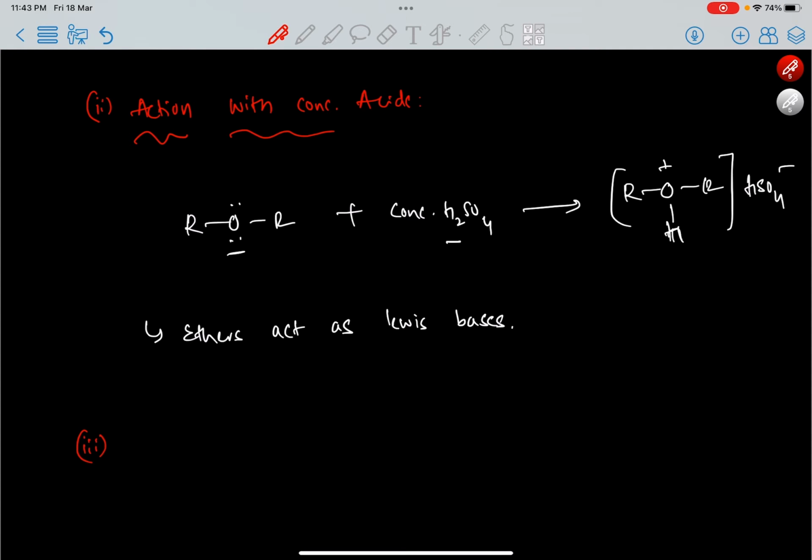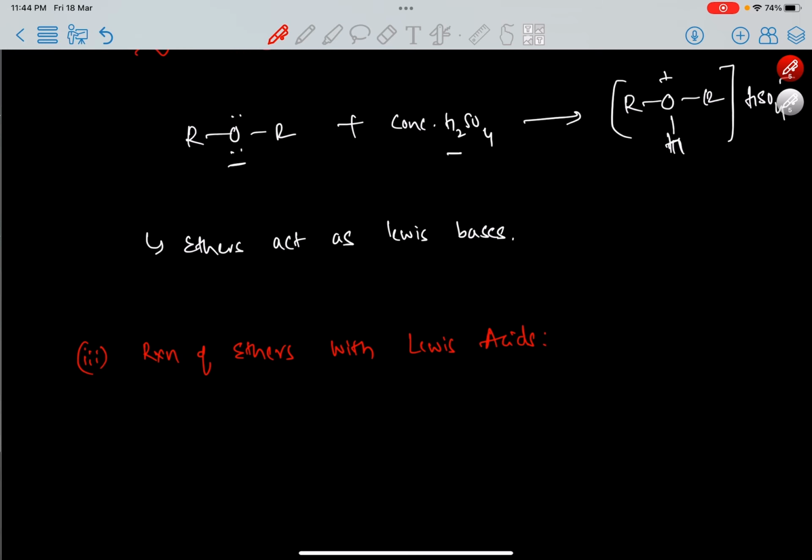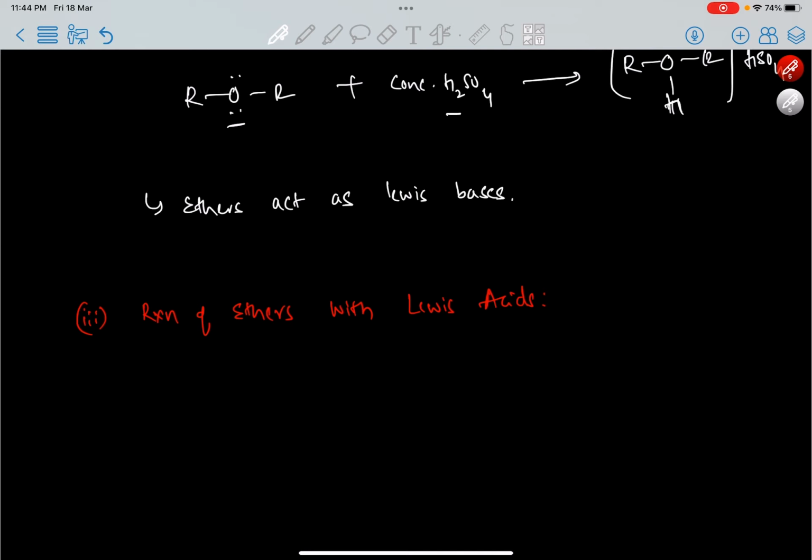Now let us talk about the third reaction, that is reaction of ethers with Lewis acids. Just now I said ethers act as Lewis base, so they can react with Lewis acids. What are Lewis acids? Lewis acids are those which are electron receiving, which can receive an electron pair, isn't it? So when we have Lewis acids like BF3, they can take the extra electron pair of this ether oxygen and form a complex.